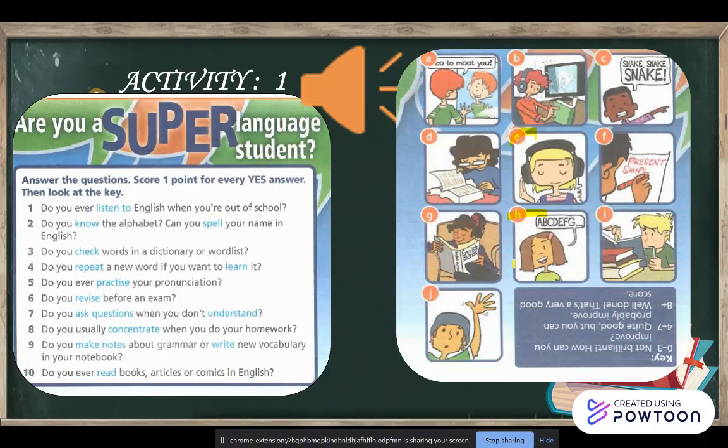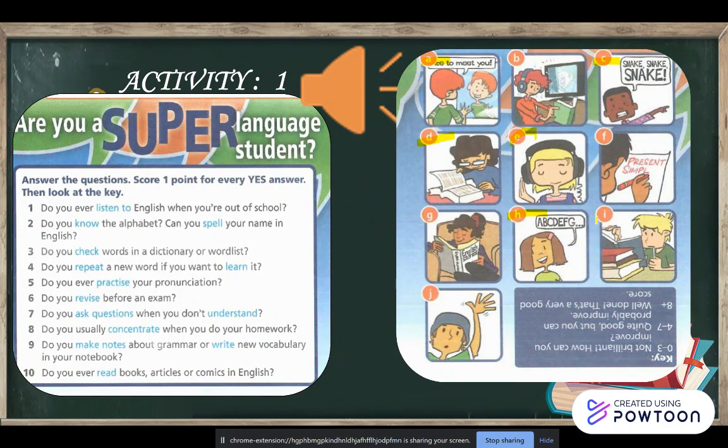Do you check words in a dictionary or word list? D. 4. Do you repeat a new word if you want to learn it? C. 5. Do you ever practice your pronunciation? A. 6. Do you revise before an exam? I.